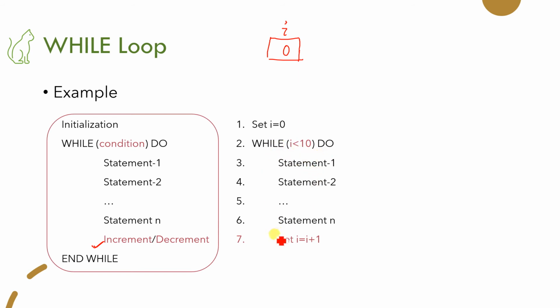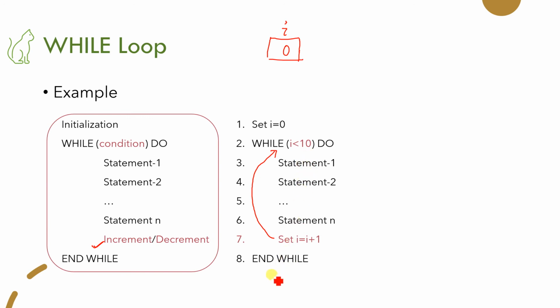In every iteration the I value gets incremented by 1. When the I value gets incremented by 1, these statements get executed. Again the I value gets incremented by 1, then it will check the condition. That means after line number 7, the control always goes to this place. Every time I becomes bigger, the condition is checked over here.